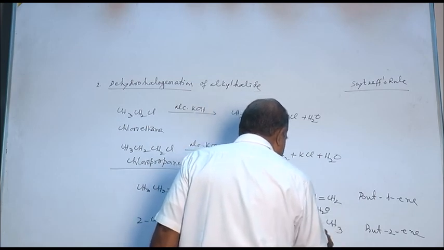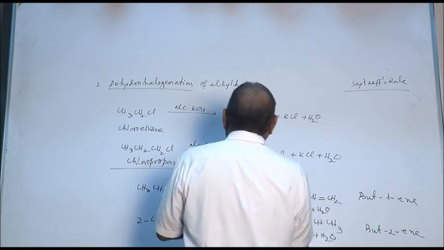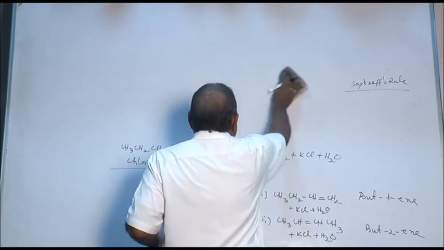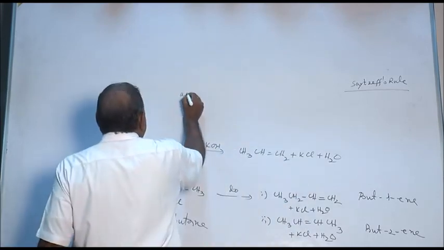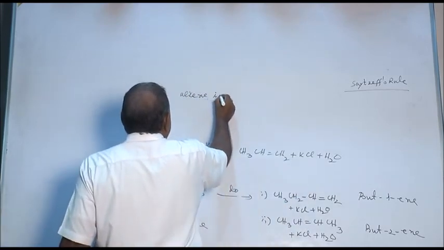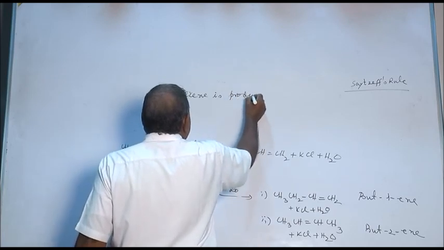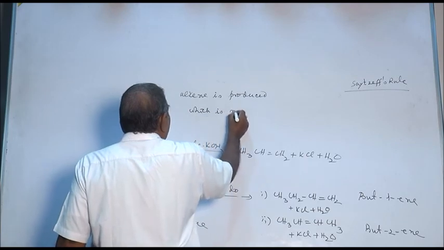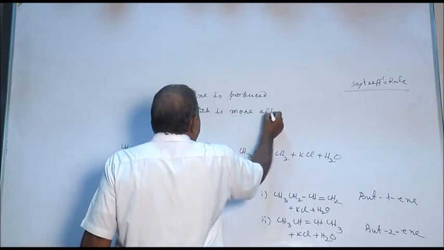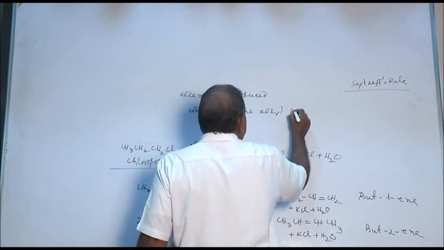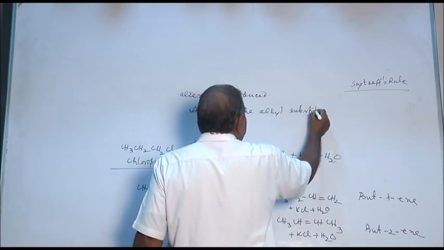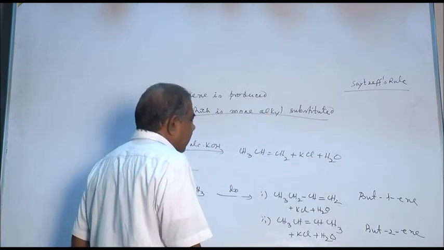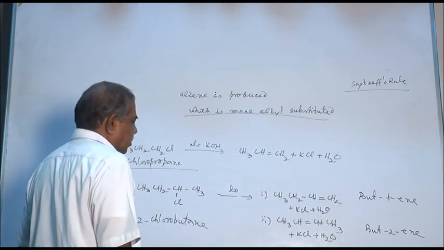Now according to Saytzeff's rule, an alkene is produced which is more alkyl substituted.